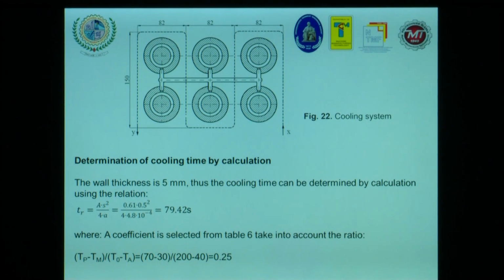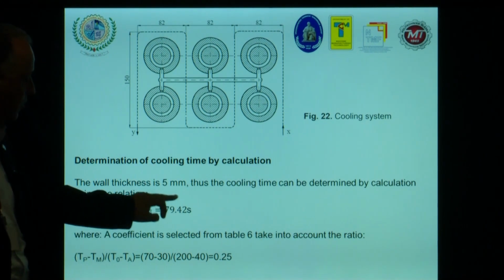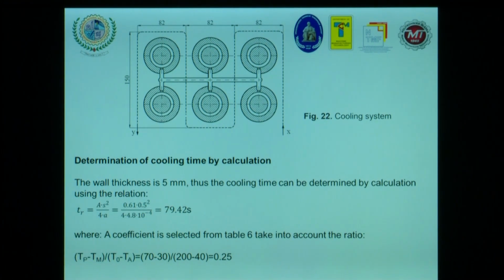You can see over there that, as I mentioned before, we can make the calculus for the cooling time, but always using the calculus, the value of the cooling time is bigger. That's why we have to take into account the technical recommendation for the cooling time. In this case, do you remember I chose at the very beginning 20 seconds for the cooling time. And now you can see over here it is 79 seconds.